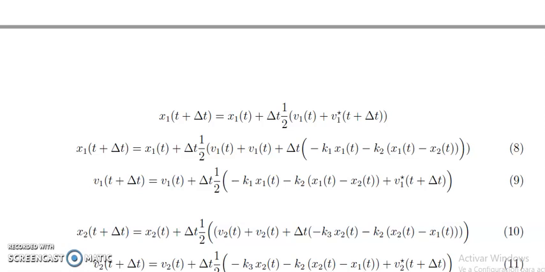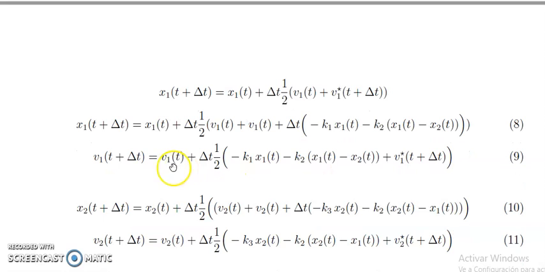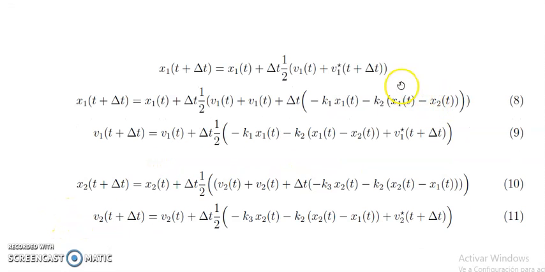Using the same procedure for the velocity, the position here, and the velocity here, we got the new recipe, equations 8, 9, 10, and 11.